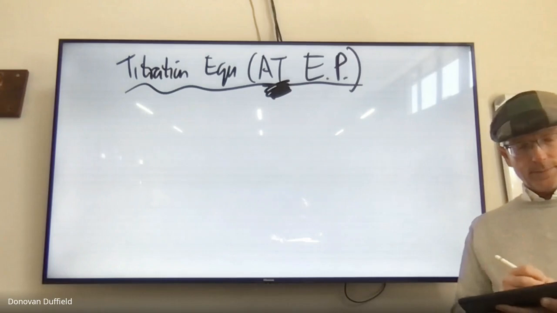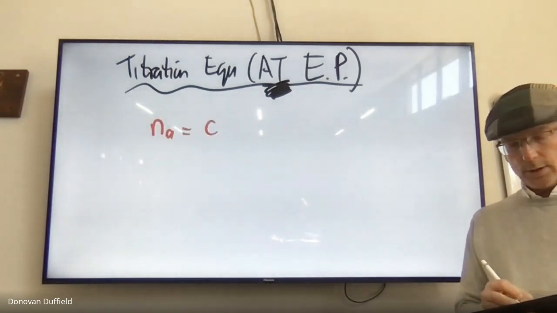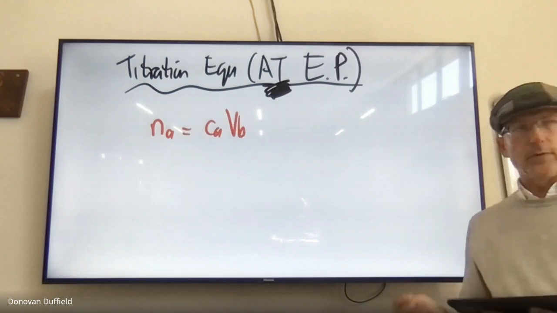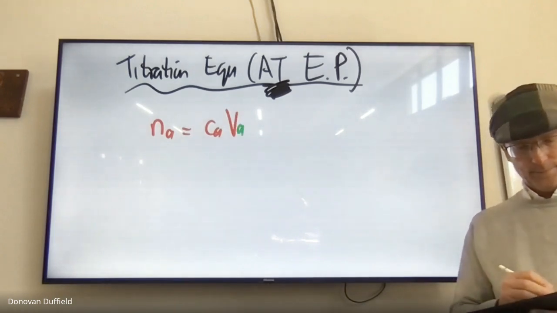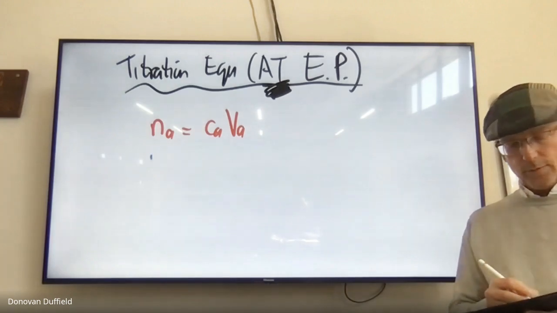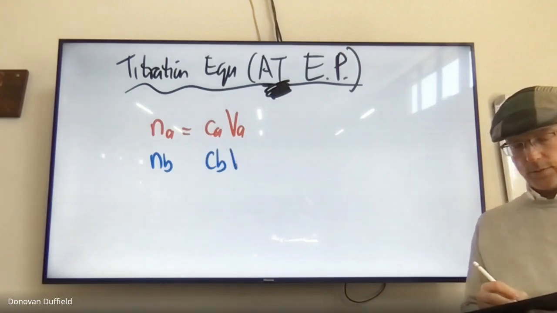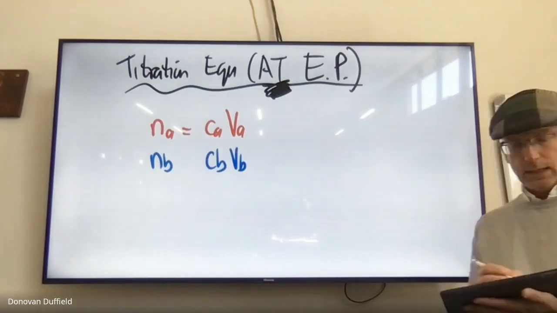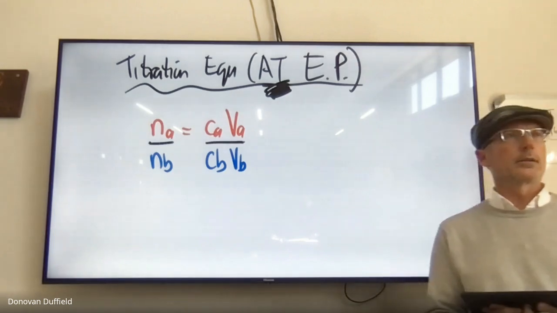We can say that the number of moles of acid is equal to the concentration of the acid times the volume of the acid. And we know that the number of moles of base equals the concentration of the base times the volume of the base. Now, there's something really cool about this, because in mathematics, we compare by dividing.